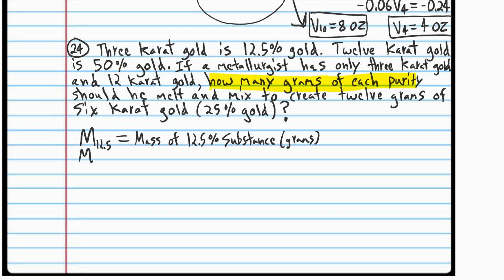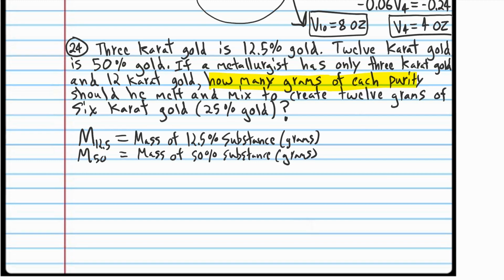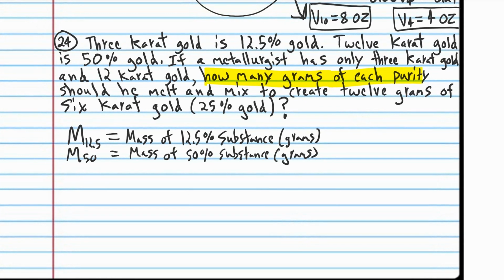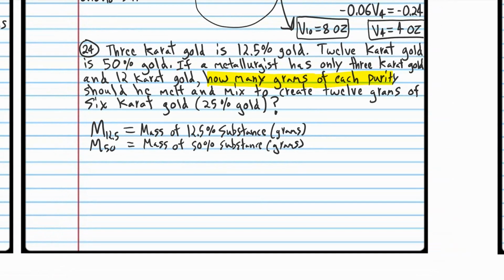And then M50 is obviously the mass of 50% substance, in grams. Again, that's the most important part of these problems. So now let's look for an easy equation.